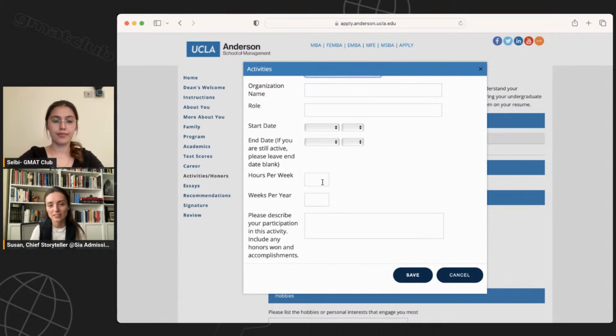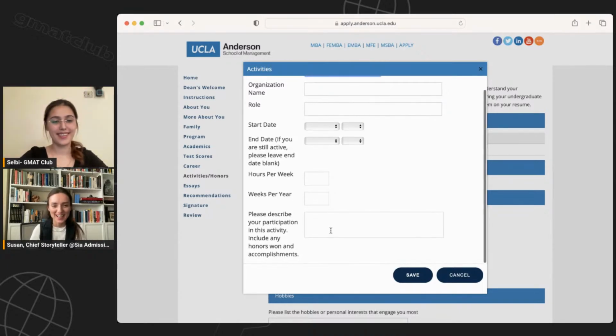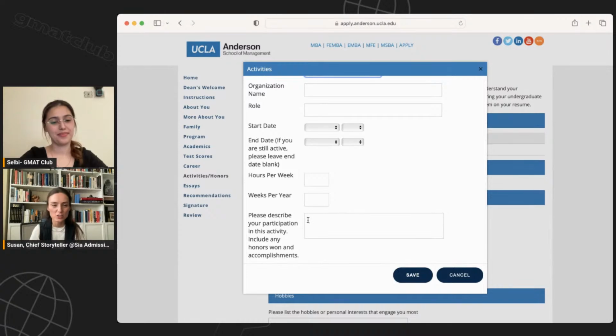These estimates are fine. Just keep it real. And then weeks per year. And then you're going to describe your participation. Again, if you've included this information in your resume, make sure that what you include in this box is going to be added information that builds a fuller picture of your engagements.